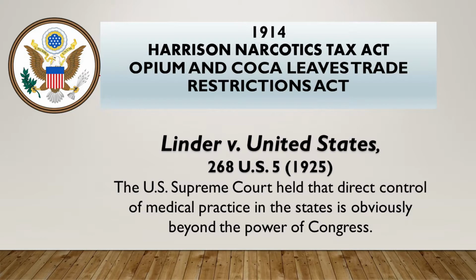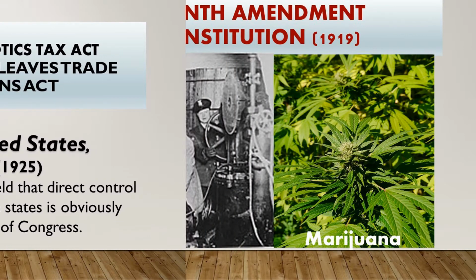The trial court ruled that the treating physician violated the Harrison Narcotics law. But the U.S. Supreme Court reversed, and it held that the direct control of medical practice in the states is obviously beyond the power of Congress.